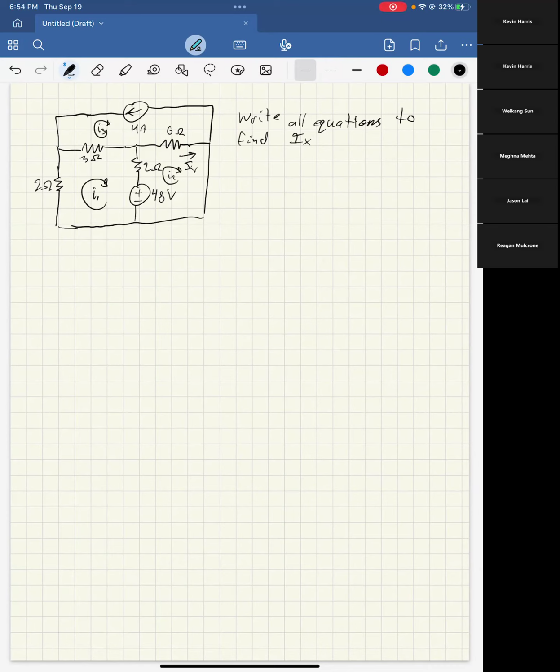Remember, always try to make them in the same direction as each other. It'll just make your life a lot easier. I think the math should work out if you make them in the other direction or in weird directions, but you just don't want to have to deal with that. So that I1 equation, as always, we're going to have 0 equals, or you can put the 0 equals at the end, it does not matter, 2 times I1 plus 3 times I1 minus I3 plus 2.